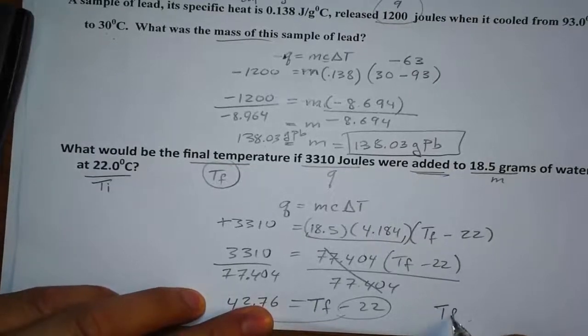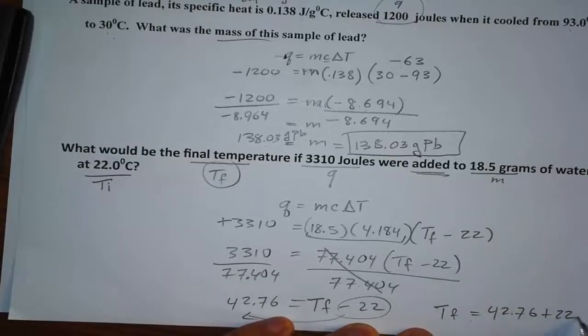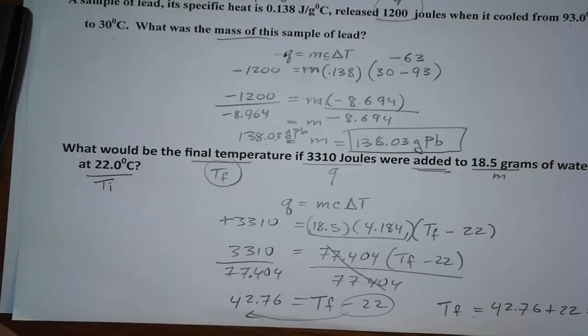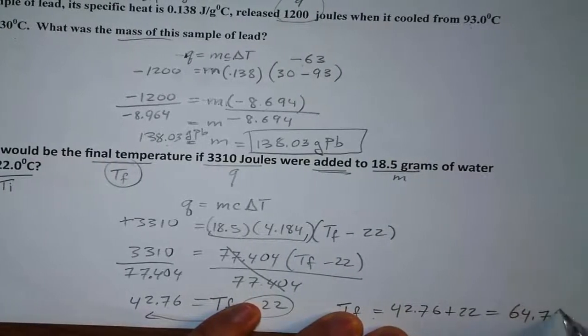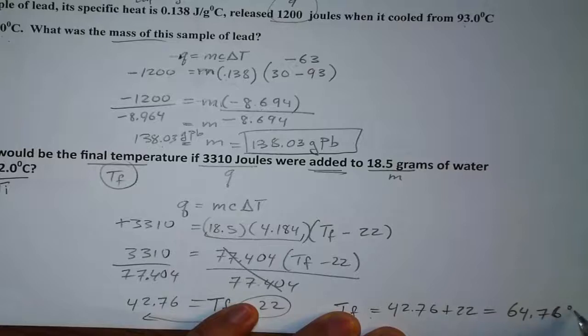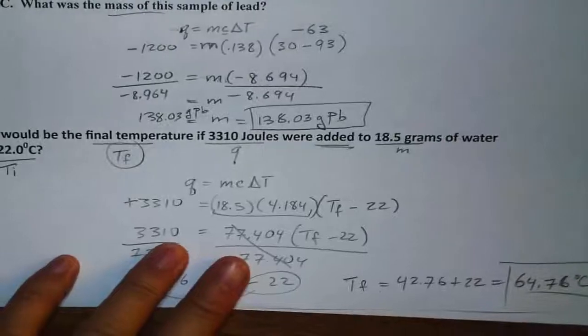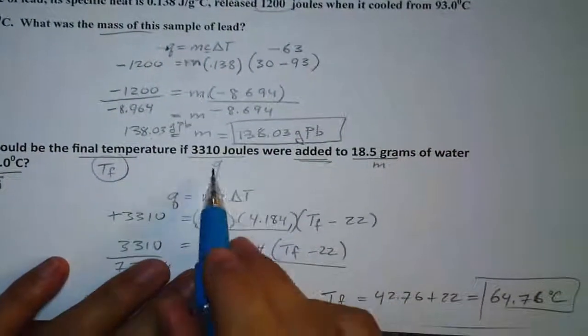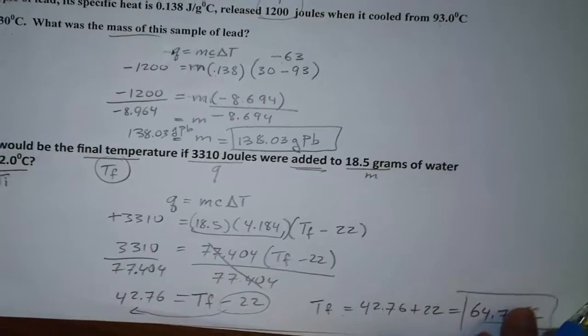So your Tf is going to equal 42.76 add 22, and that gives us 64.76 degrees Celsius, and that would be your T final. So if you add that much energy in, the water will increase from 22 degrees Celsius to 64.76 degrees Celsius.